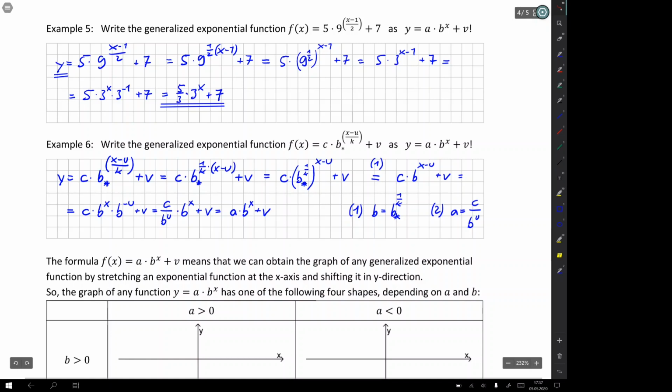B to the power of minus u is 1 divided by b to the power of u. I can take that as a factor here in front. I get c divided by b to the power of u. And what I do now is I replace this c divided by b to the power of u by a here. And I get our general transformation formula for exponential functions, a times b to the power of x plus v.